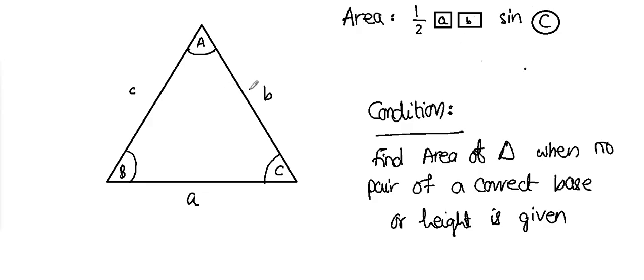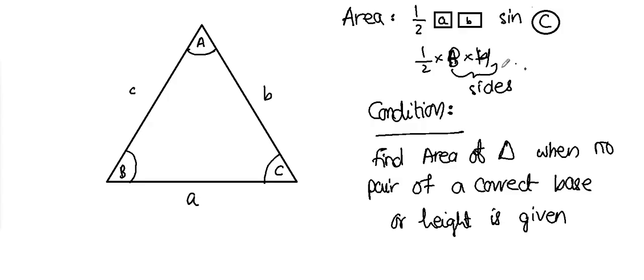What do I mean by that? So we know one thing. The formula is 1 over 2 times base times height. Base and height are both sides, am I right?